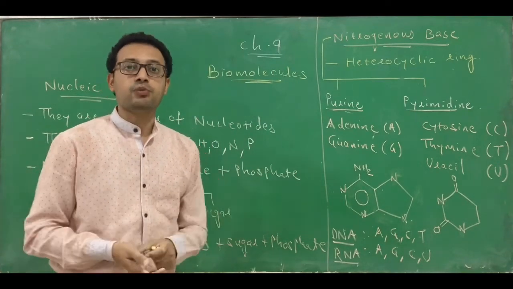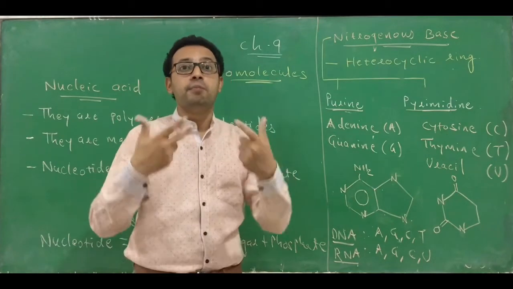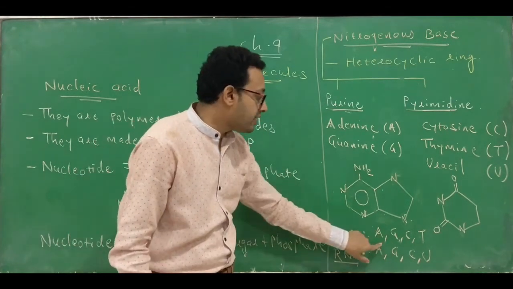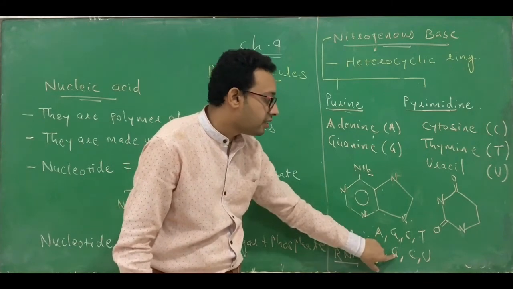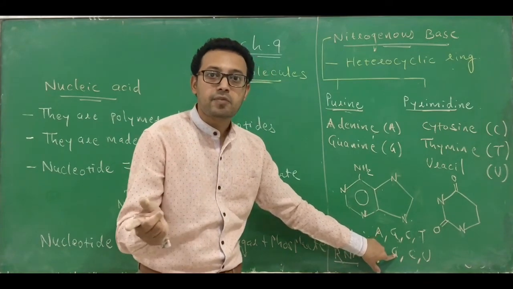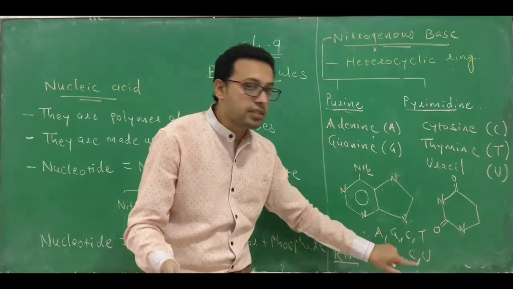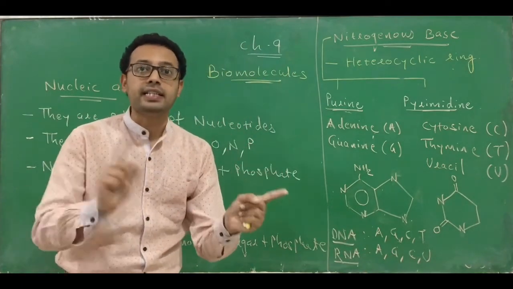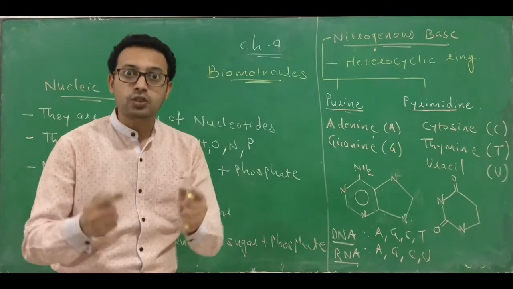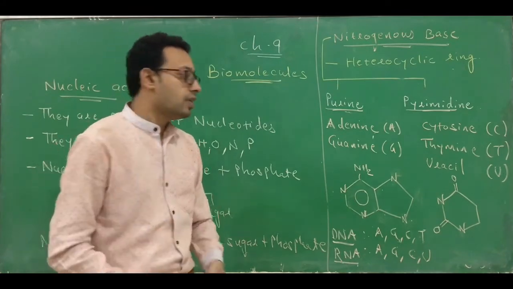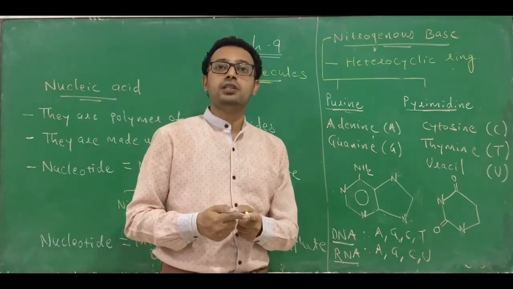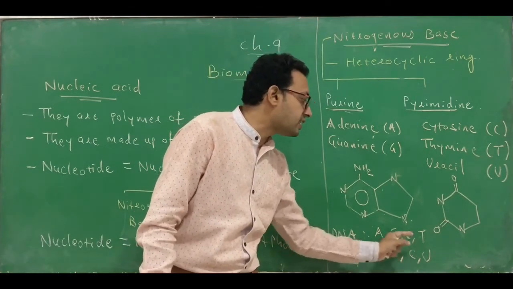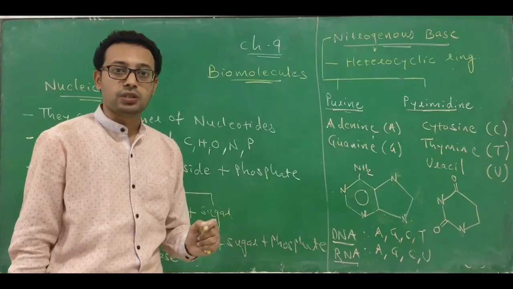Similarly, different types of questions can be asked. Which purine nitrogenous bases can be found in both? Adenine and guanine. They are present in both. But C is present in both DNA and RNA, but it is not a purine, it is a pyrimidine. So another question can also be asked: which pyrimidine nitrogenous base is found in both DNA and RNA? Then it is C, cytosine.